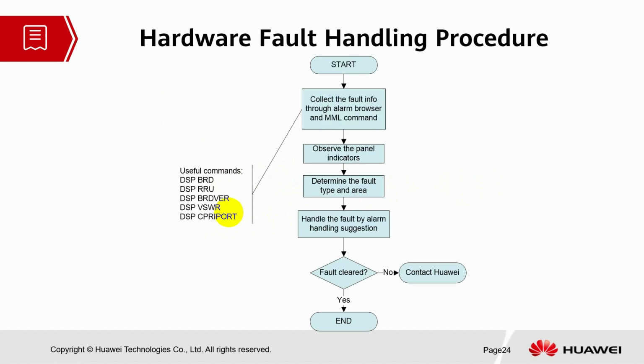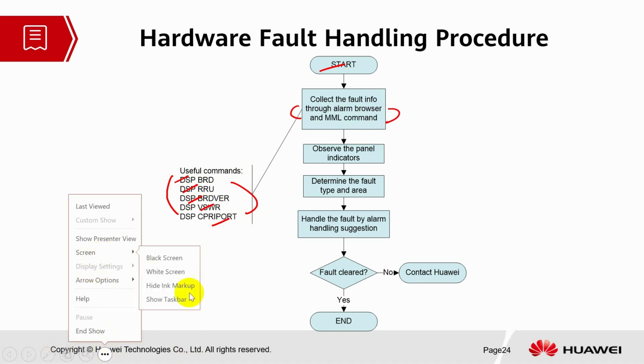So how do you handle the hardware fault? Basically, when you start, you will collect some fault information from the alarm browser and MML commands. We may not need to run all these commands to gather more information. The commands are related to display board, display RRU, display board version, display VSWR, and display CPRI port. Let's look into this example.